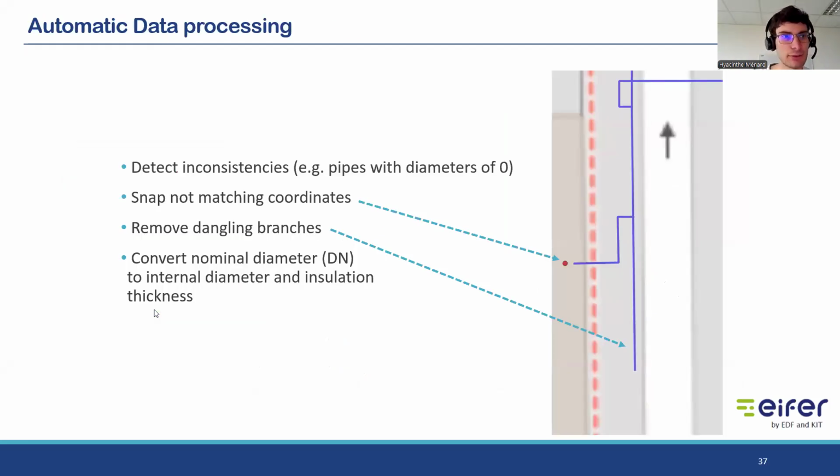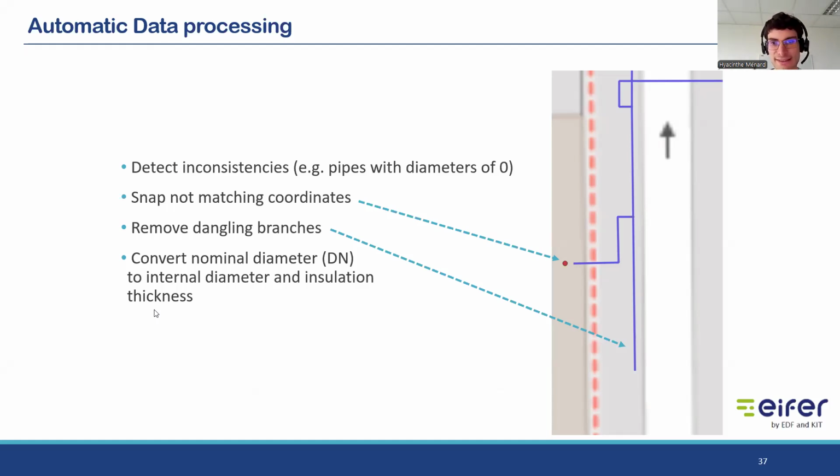Then I also do some automatic processing on the data that are available to me. The first step was to detect some inconsistencies in the data. For example, there are some pipes with a diameter of 0, and I have a program that is able to detect this inconsistency and warn the user when there is such a problem. Also, I can snap in the case of non-matching coordinates.